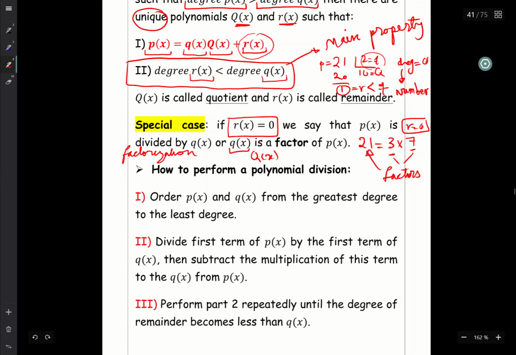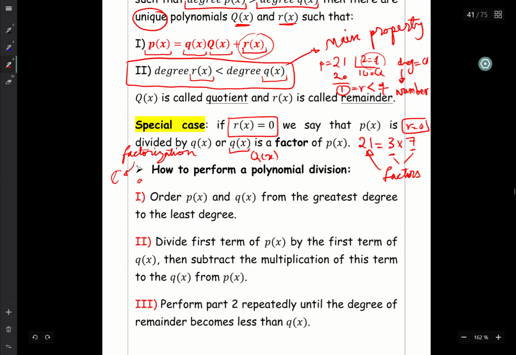And later on, we will see that any polynomial can be factorized in complex numbers, because any polynomial can be factorized in terms of its complex roots. And we already discussed this in quadratics, right?